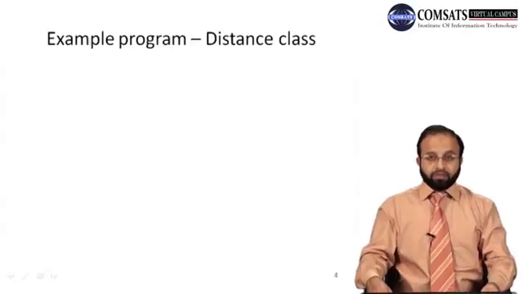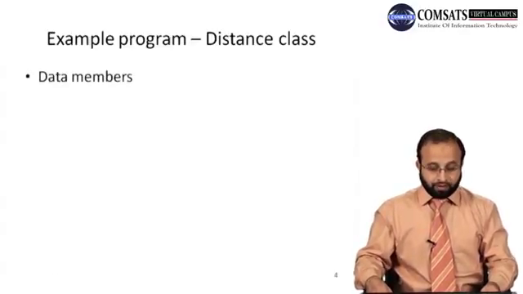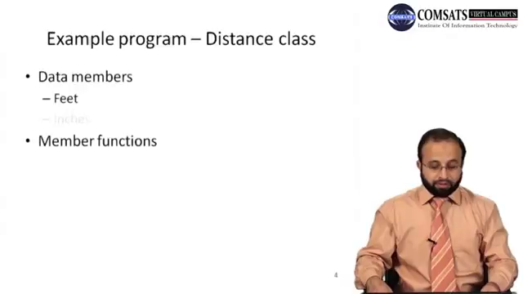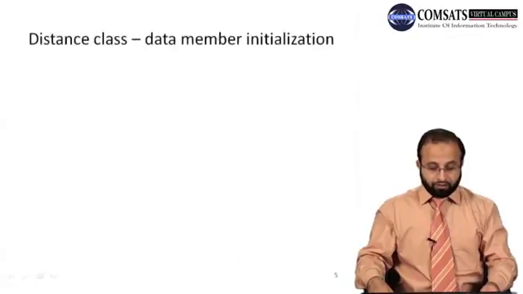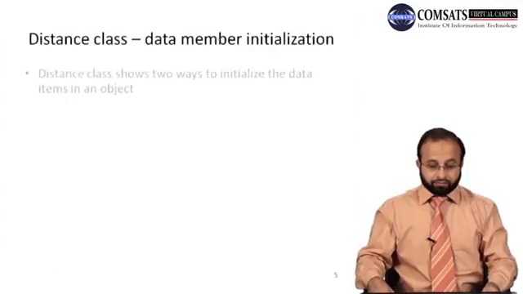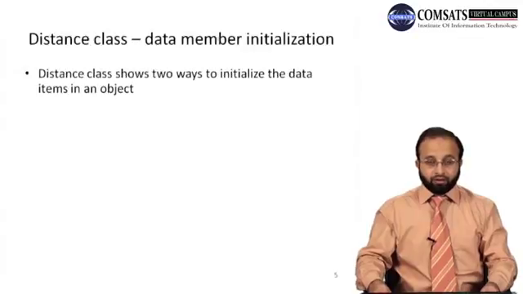In the previous class, we have seen a distance class having two data members, that is feet and inches, and member functions setDest, getDest, initialize, and showDest. In this class, we initialize the data members of the class. The distance class shows two ways to initialize the data members of the object.